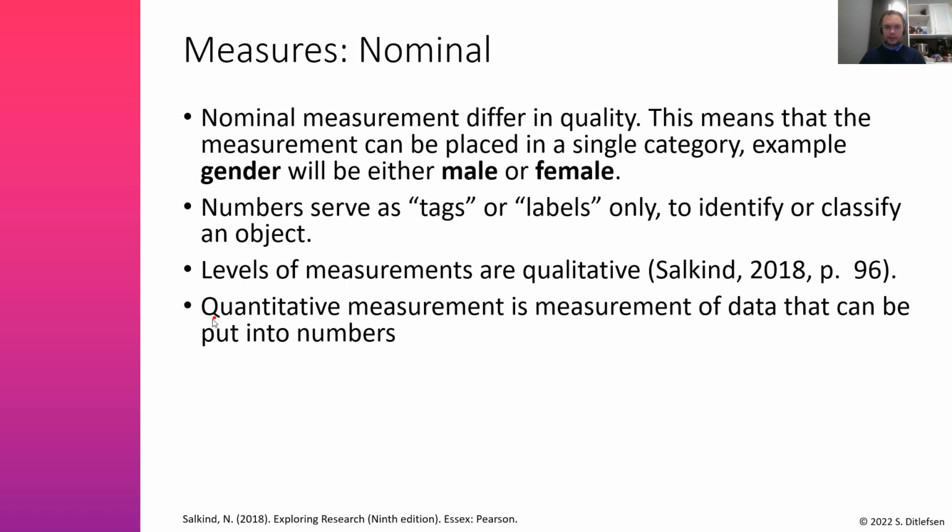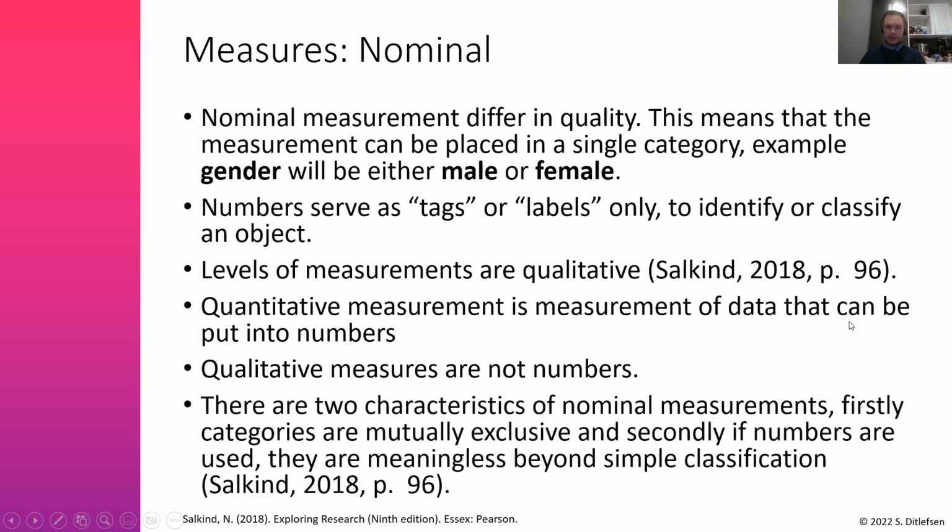That is not the same as qualitative. Qualitative measurements are not numbers. So male is not a number, female is not a number, favorite car is not a number. So the levels of measurement are qualitative.